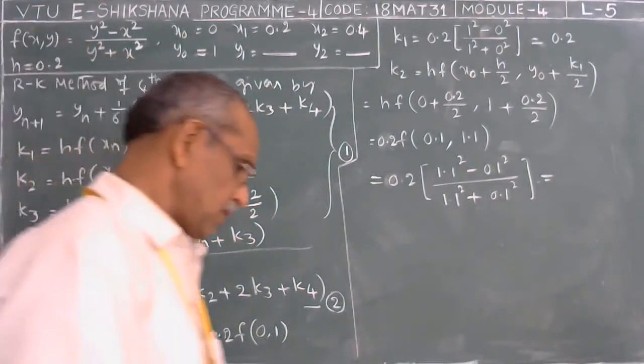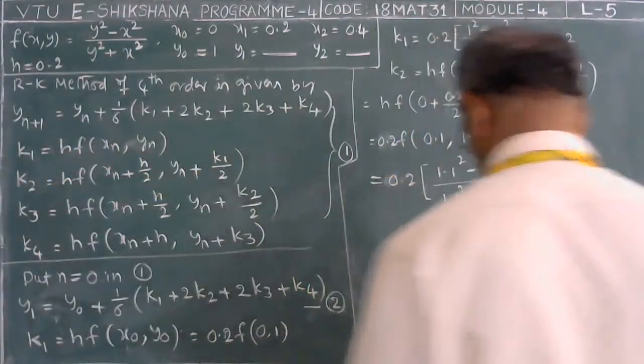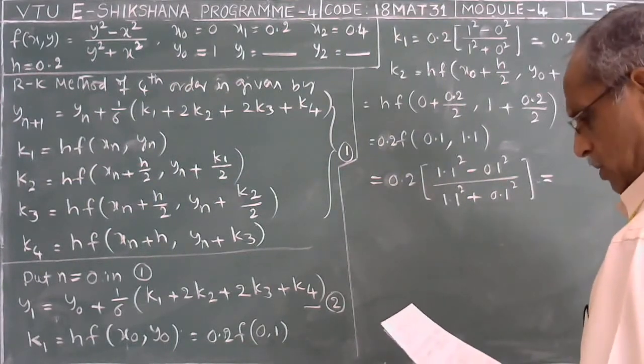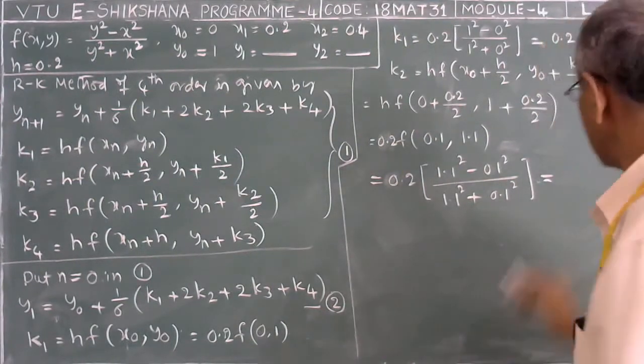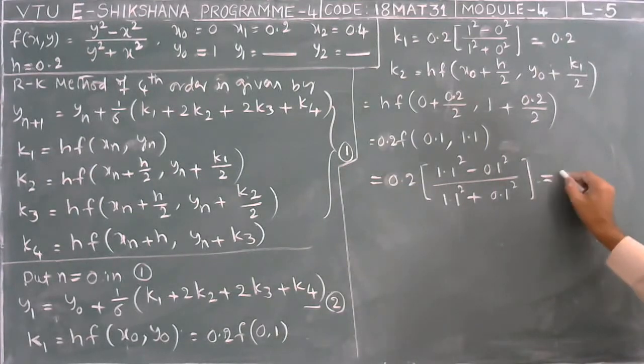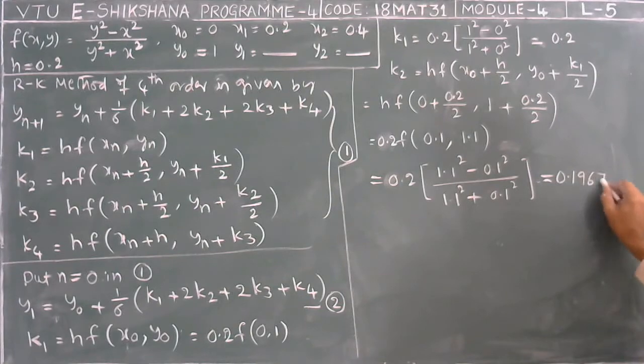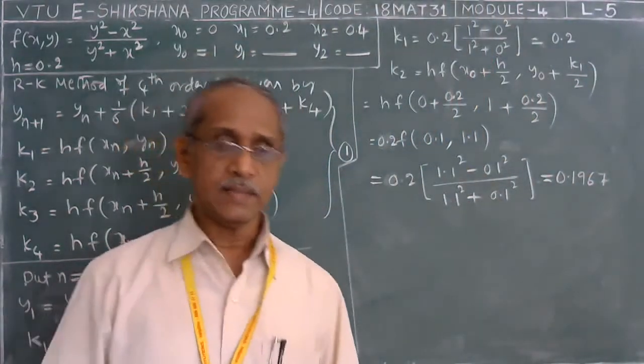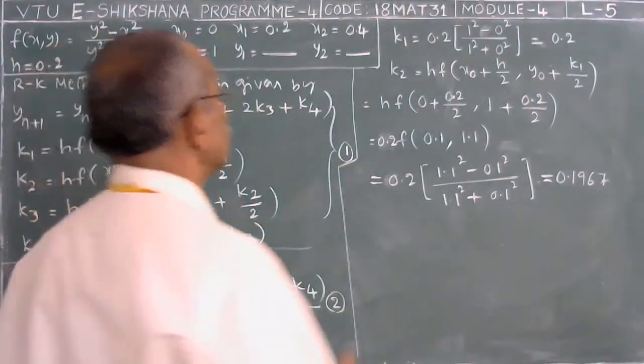If you carefully simplify, you get the answer for k2: 0.1967. So the value of k2 is 0.1967.